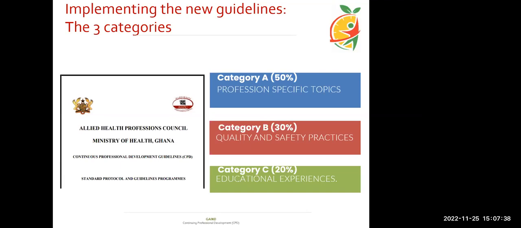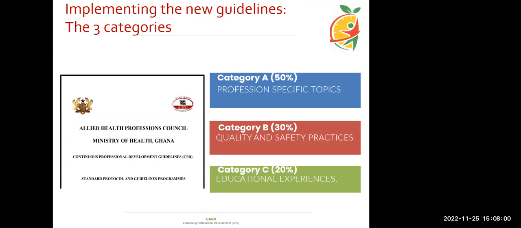We still have not defined some of them, I'll explain why. But at least we know that half of the 20 points is for professionals. So it's only professionals, people who have a degree and above, who need 20 points. Those who have a diploma need 15, and those who have certificates need 10 points.